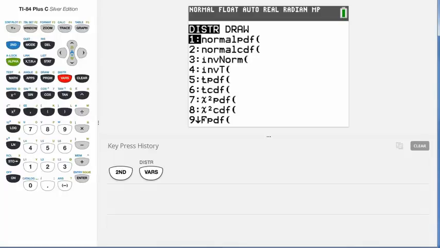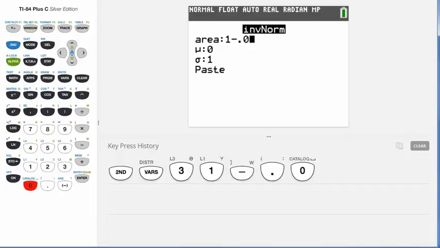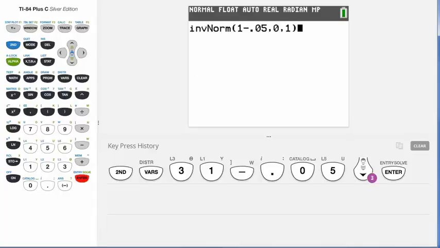We want inverse norm, which is number 3. Since z sub alpha always represents the shading to the right, we want to type in 1 minus 0.05. We keep our mean 0 and our standard deviation 1, which is the default. Enter, and we get 1.6448.